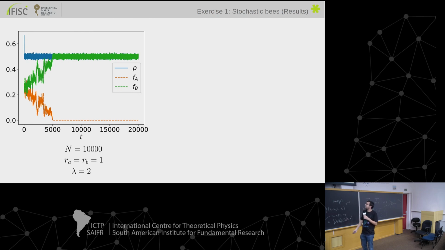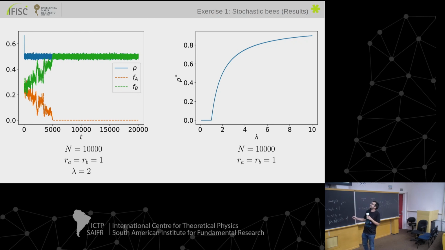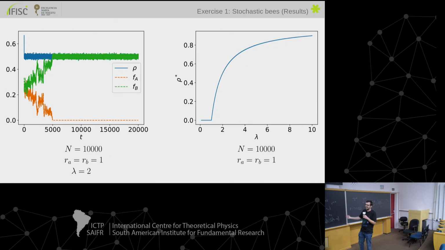Another thing that we can do is to see how this meta-stable density of bees that have one strategy evolves as we change the parameter. There was also some theory that we can do here: you can write the deterministic equations and get some dynamical system analysis.